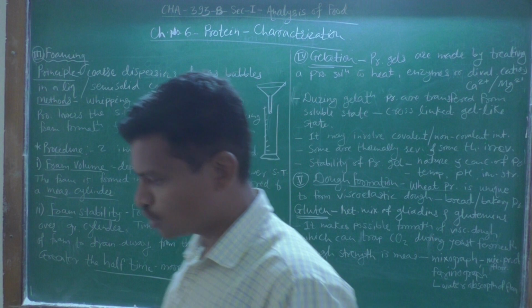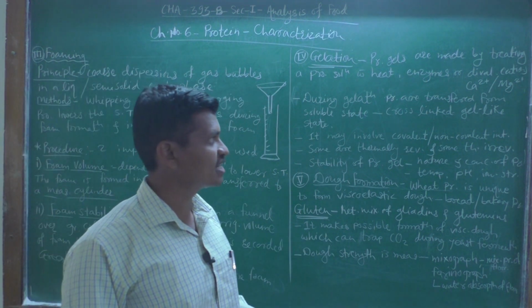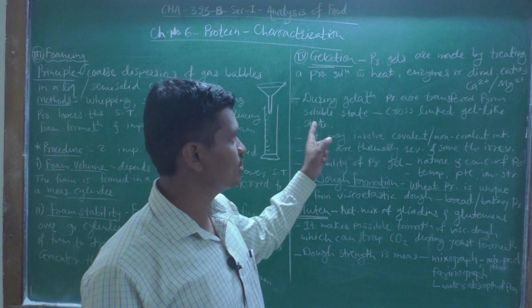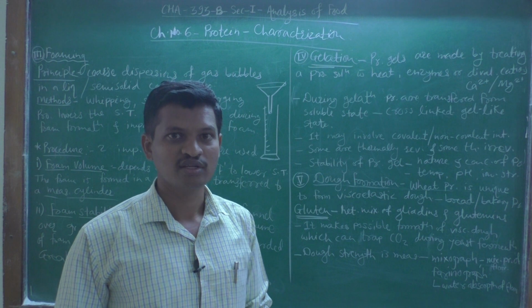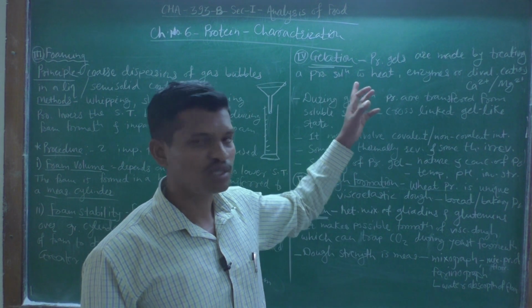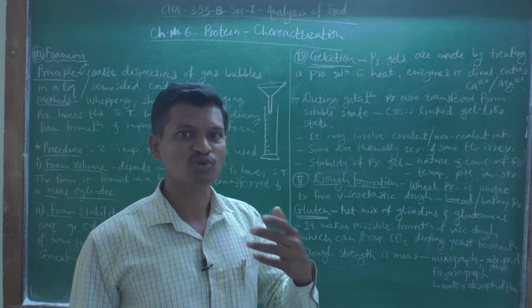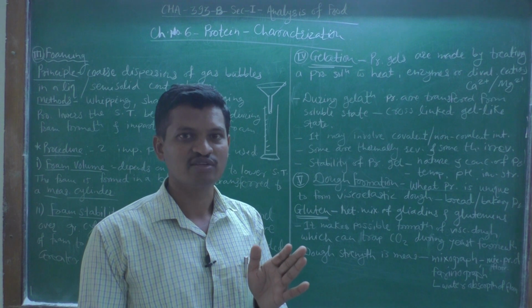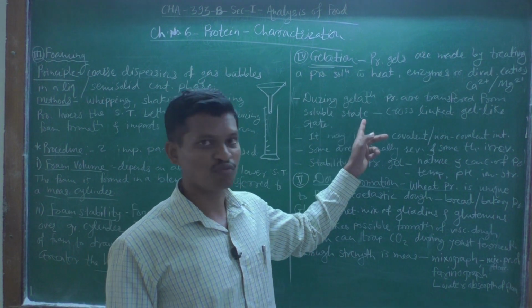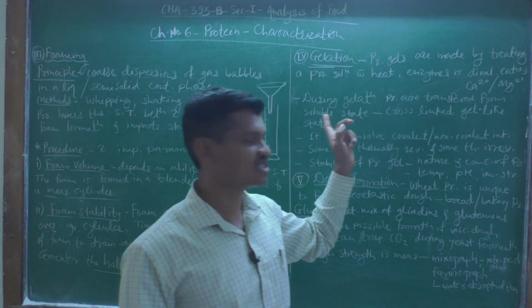During gel formation or the gelation process, proteins are transferred from a soluble state to a cross-linked gel-like state. Already in protein solution the proteins are in a soluble state, but when gelation occurs, there is a change of state from the soluble state to the cross-linked gel-like state.